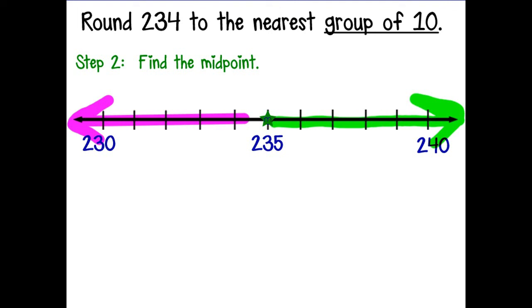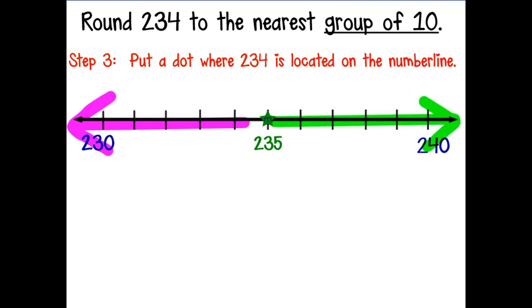The numbers that are closer to 240 will round up to 240. The numbers that are closer to 230 will round down to 230. When we have a 5 in the ones place, we always bump it up. We are working on rounding 234 to the nearest group of 10, so we're going to place a dot where 234 is located on the number line.